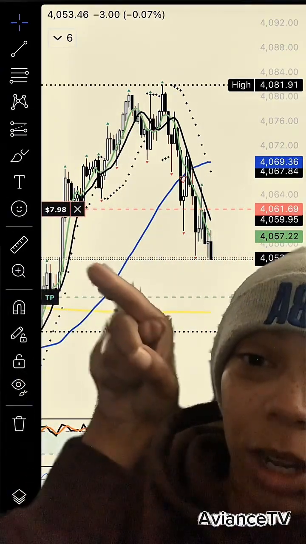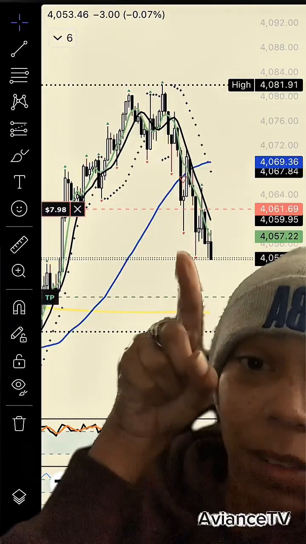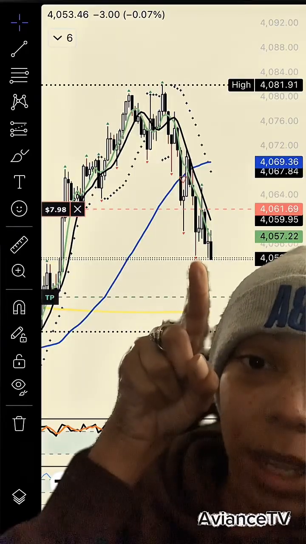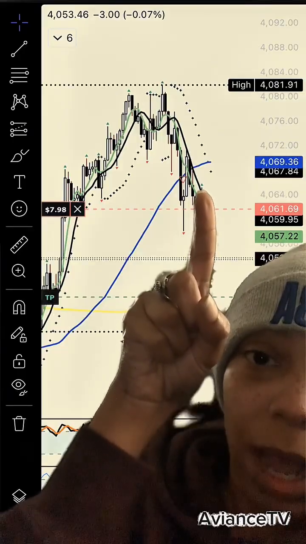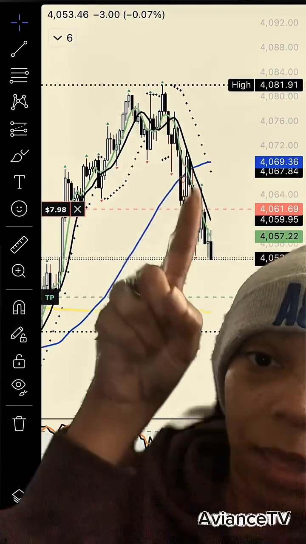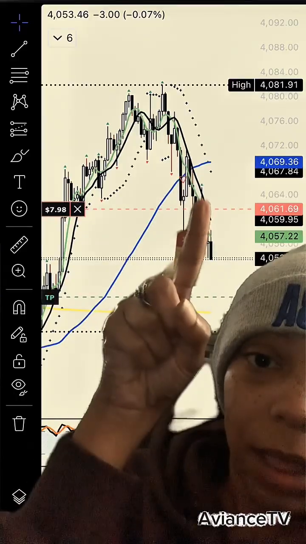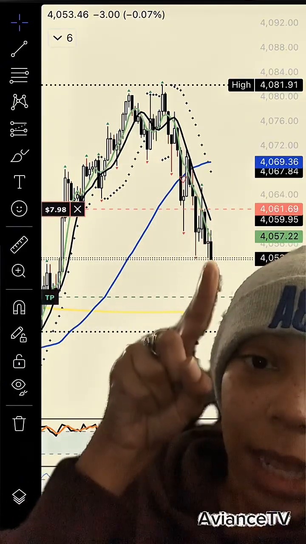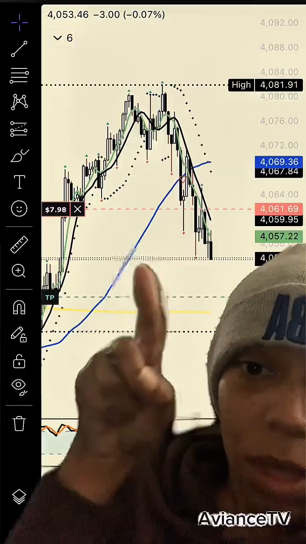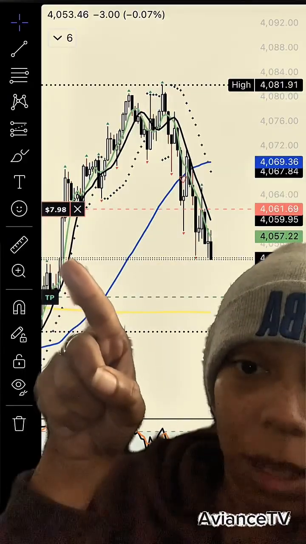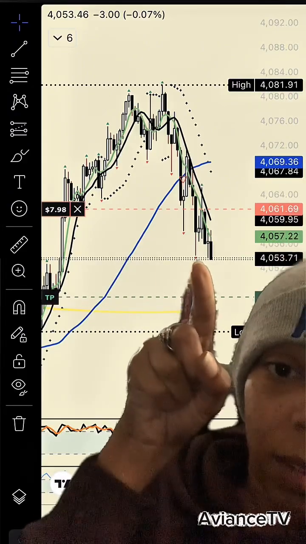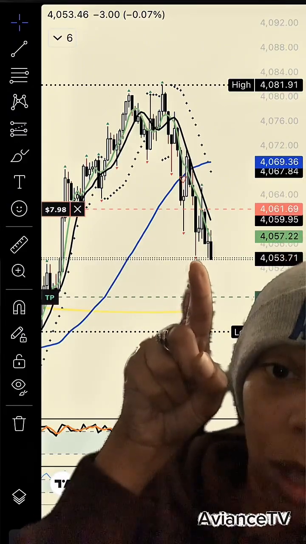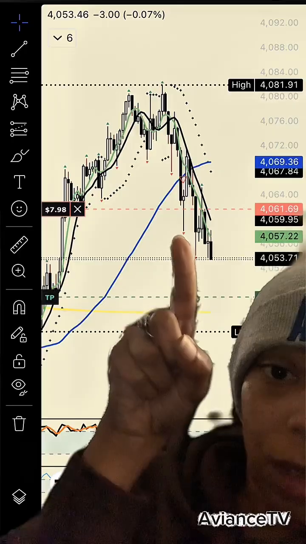So versus having our TP here, since we got this low right here and price corrected and went back up and made a new lower high, because it's lower than this one, and now we have this one, and it came back and corrected, we're going to go ahead and move our TP to the wick of this candle right here, closing this out, because we have this low right here with this low.